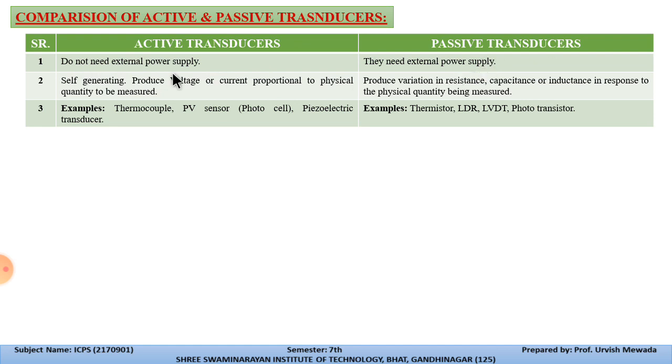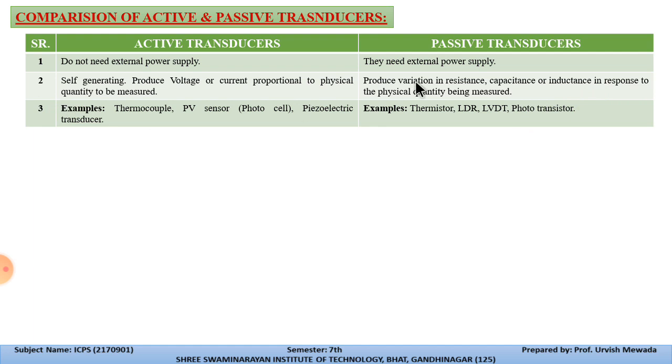Active transducers are self generating in nature, and they produce voltage or current proportional to the physical quantity to be measured. And the passive transducer produces variation in resistance, capacitance or inductance in response to the physical quantity being measured.